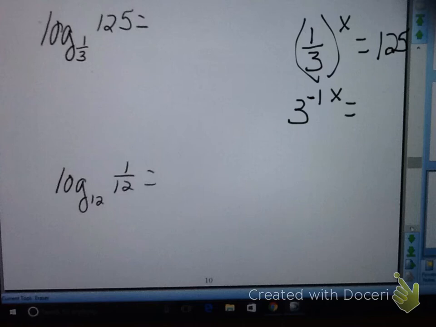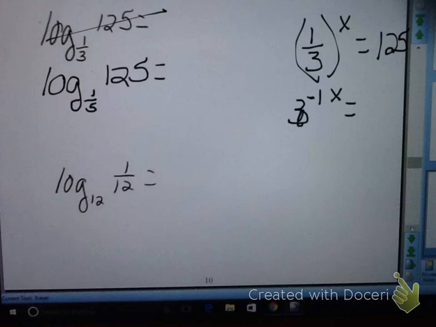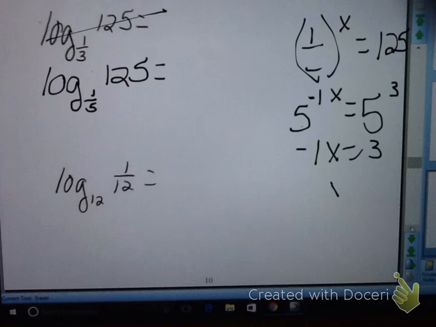That should be a 5 right here. So log base 1/5 of 125, that's going to be a 5 right here, and that's 5 to the 3rd power. Once your bases are equal, -1x is equal to 3, so x is equal to -3.